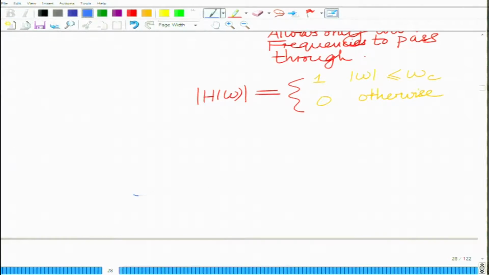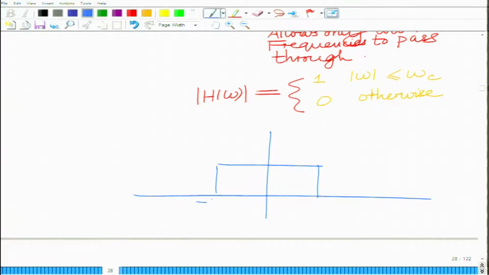So, we have a filter where, for all frequencies greater than minus omega c and less than omega c, its response is unity.